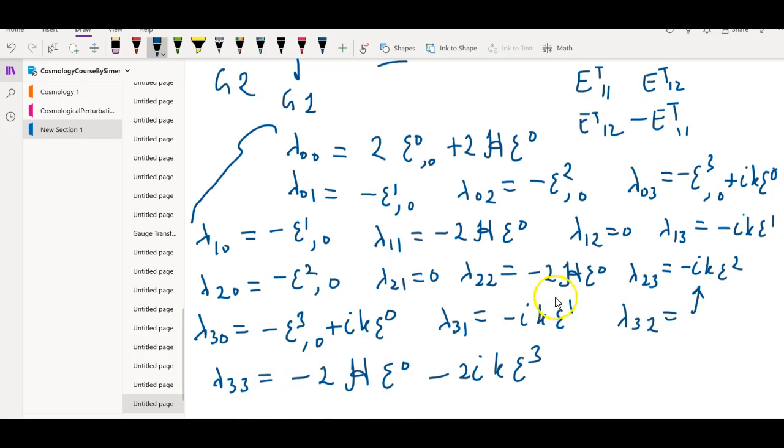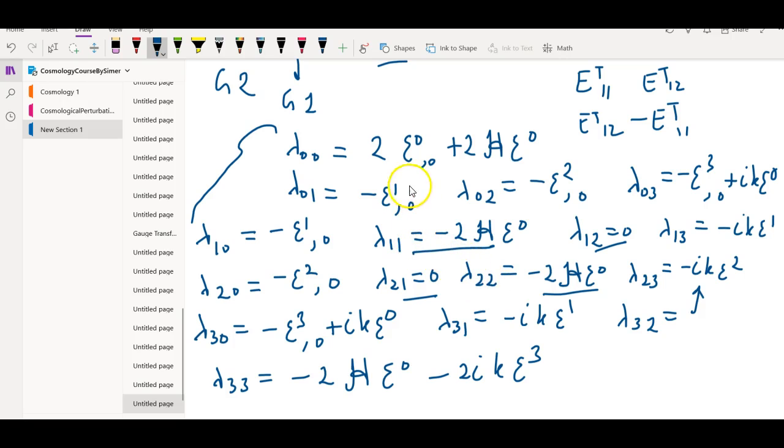So if you look at 1 1, a scalar is added. If you look at 1 2, 0, 2 1 is 0, and 2 2, again a scalar is added. Now this scalar is added to this 1 1 and 2 2 component.